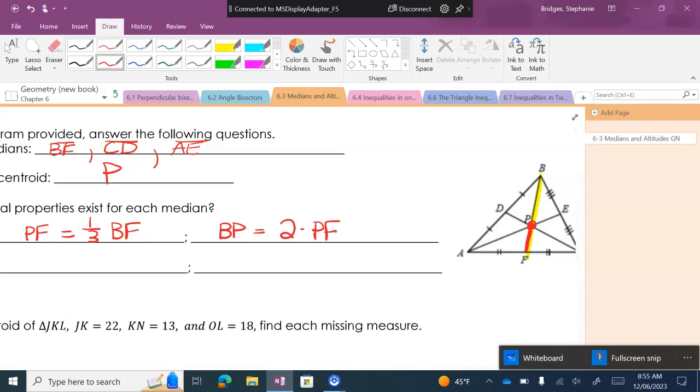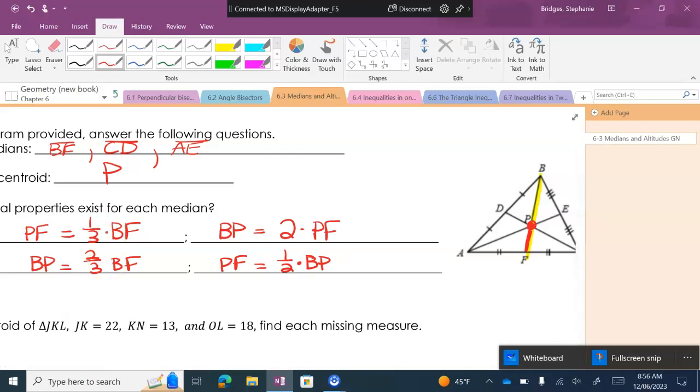And then the next one is BP is 2/3 the length of the whole median, which is BF. You don't have to memorize all these fractions. I'll tell you the easier way to figure it out once we get through this, okay? And then PF again is going to be 1/2 of BP.